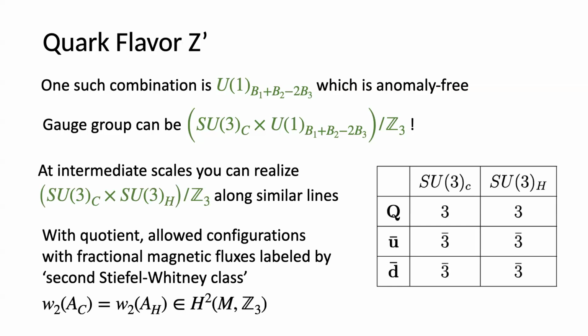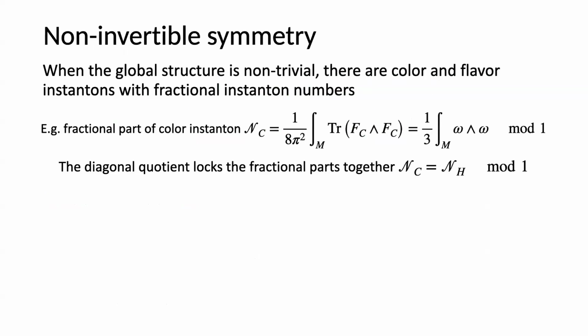And there's still some interesting global structure, which you could have anticipated by saying, well, when I look at that non-Abelian flavor gauge theory in the quark sector, the quarks already had exactly this quantum number. Indeed, that's telling you that you can have this non-trivial option for the gauge group. And so, okay, there's a non-invertible symmetry analysis that you have to do here involving what's known as fractional instantons.